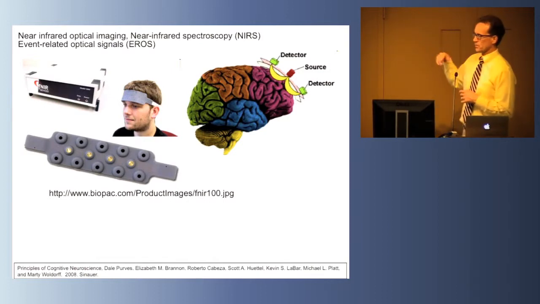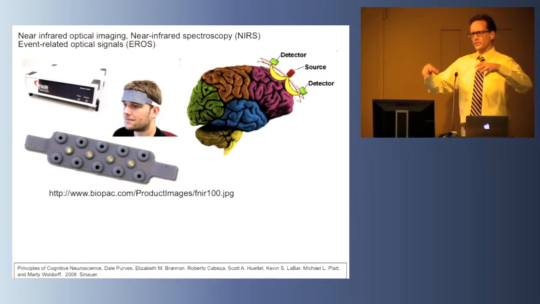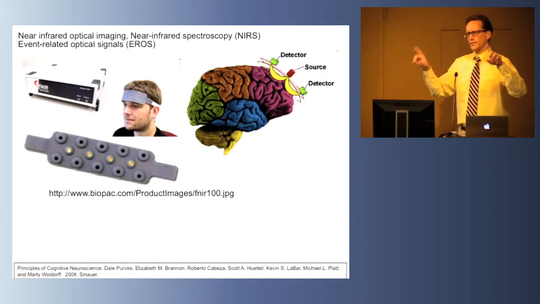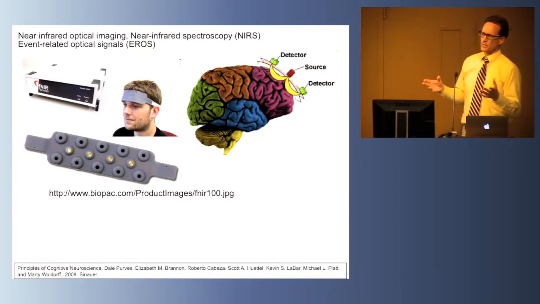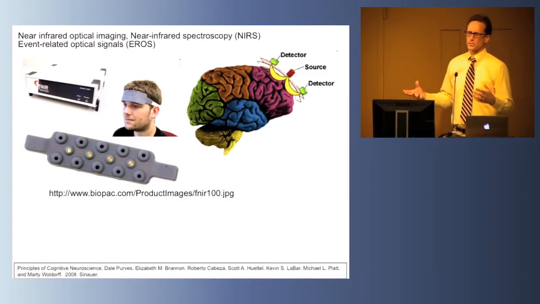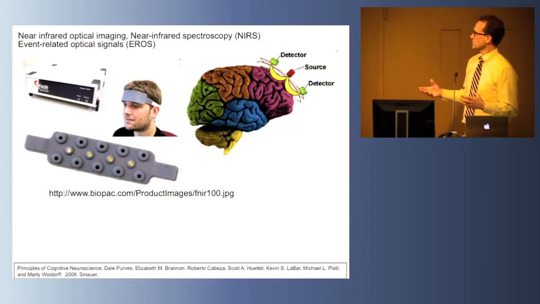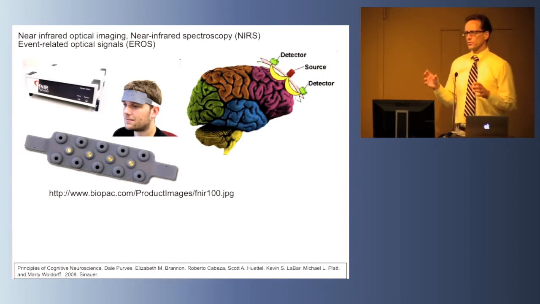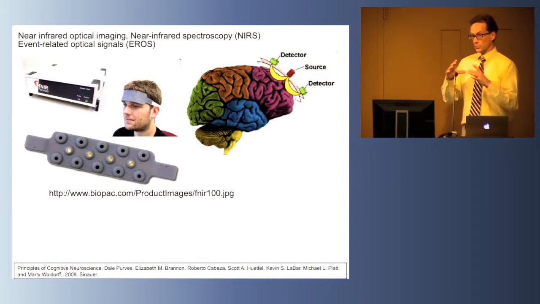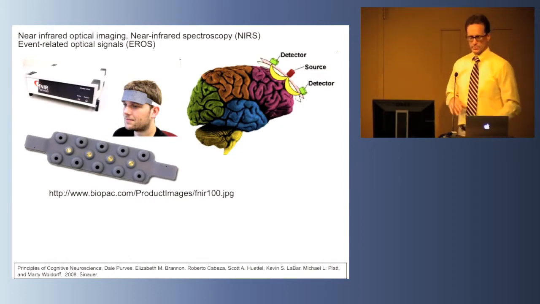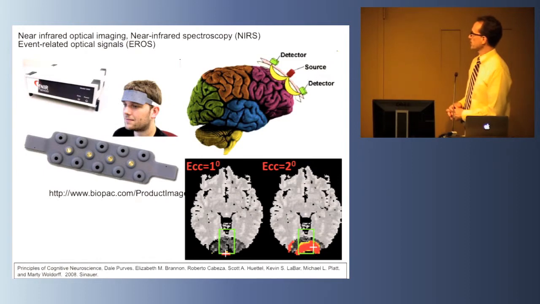And then the detectors on two sides detect what is reflected back out of this infrared light. And it turns out it has some relationship to the blood oxygen level state. And so it can be used to detect a signal, something like fMRI, more cheaply, more localized, but it allows you to find images like this.